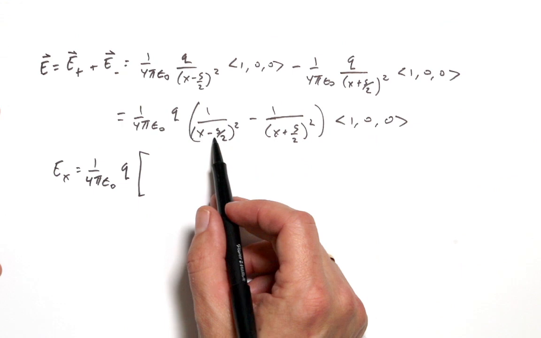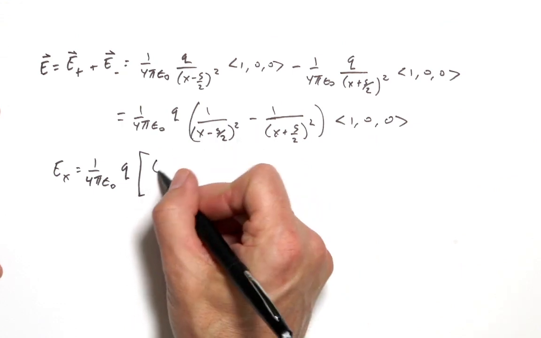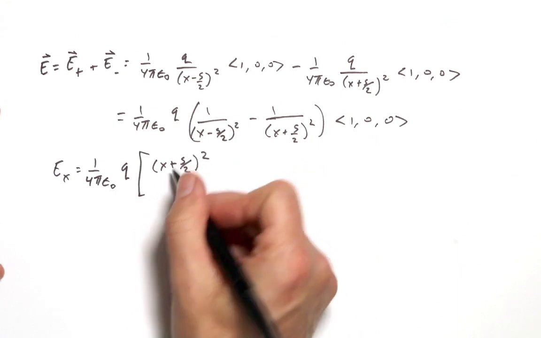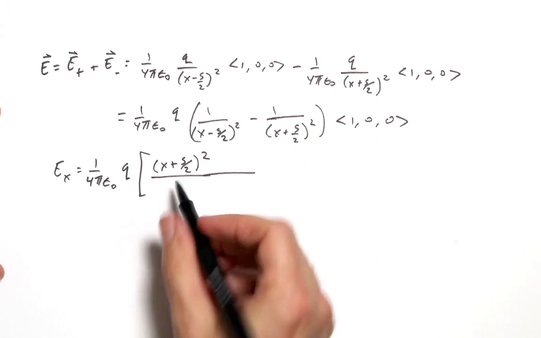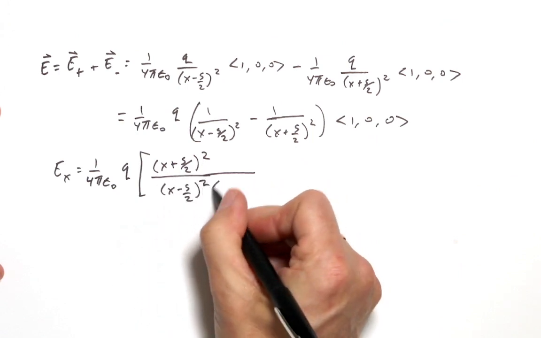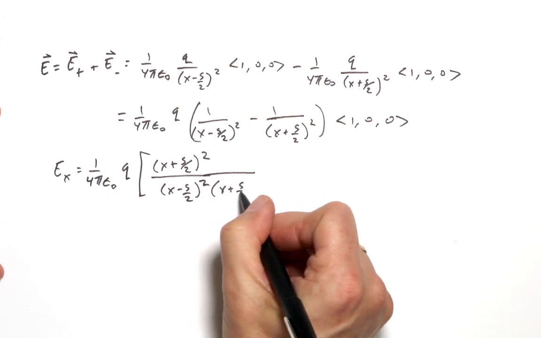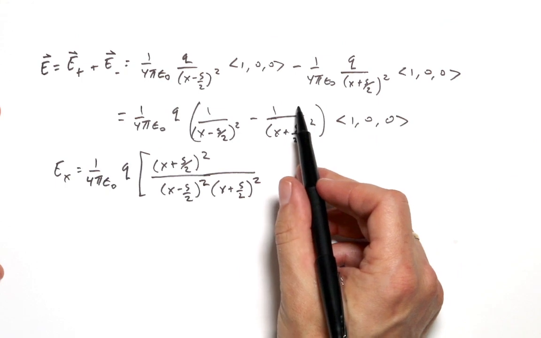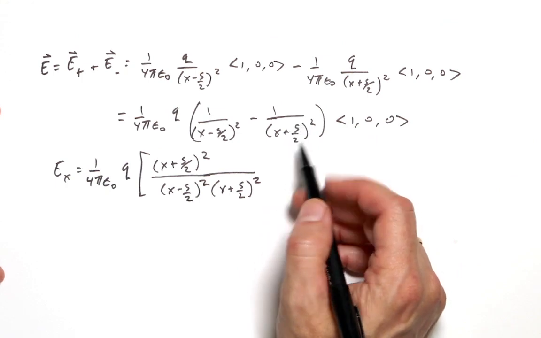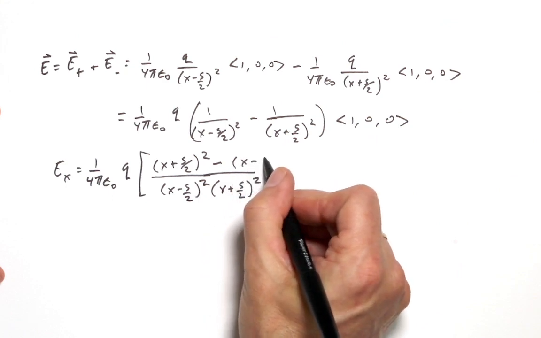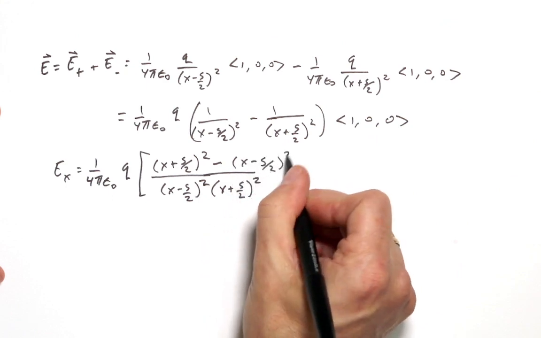If I multiply this by x plus s over 2 squared on the top and the bottom, I get x plus s over 2 squared over x minus s over 2 squared times x plus s over 2 squared. And now for the one over here, I multiply by x minus s over 2 squared over x minus s over 2 squared, and I get minus x minus s over 2 squared over that.